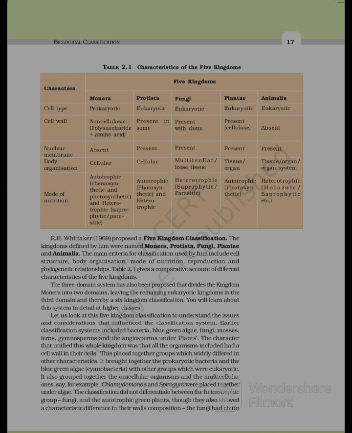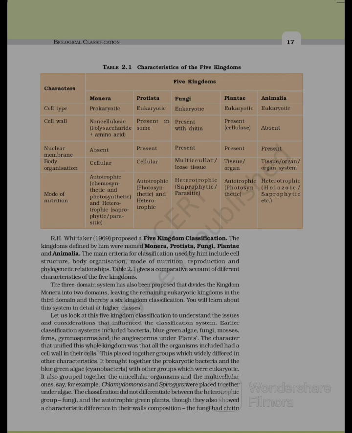For kingdom Animalia, cell type is eukaryotic, cell wall is absent, nuclear membrane present, body organization includes tissue, organ, or organ system. Mode of nutrition includes heterotrophic, which again includes holozoic, saprophytic, etc.